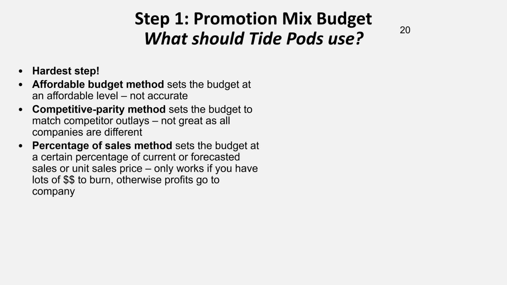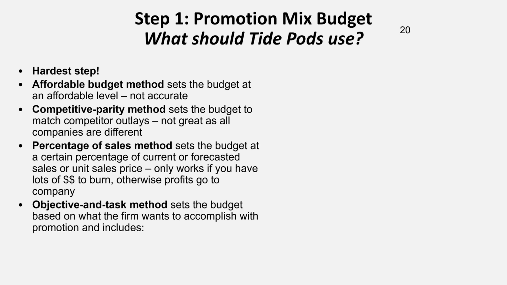Another one is the percentage of sales method, and that's probably the one that works the best. It's based off of how much you forecast to sell, then you'll get a percentage of marketing budget. The last one is the objective and task method, where you set the budget based off of what the company wants to accomplish.